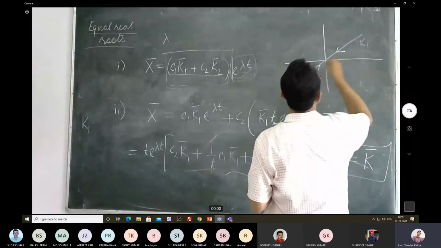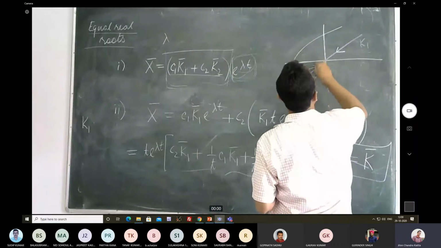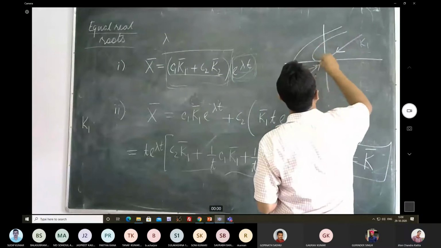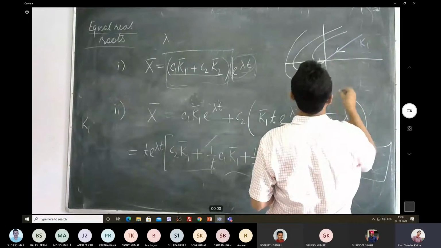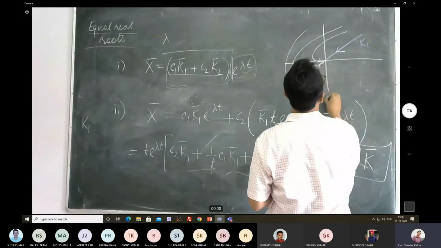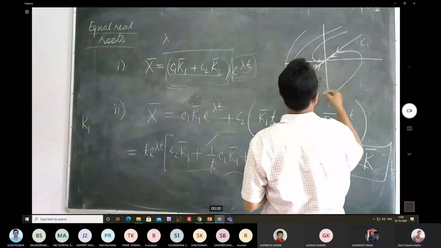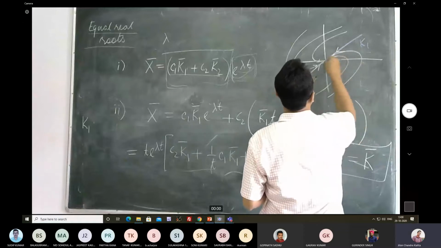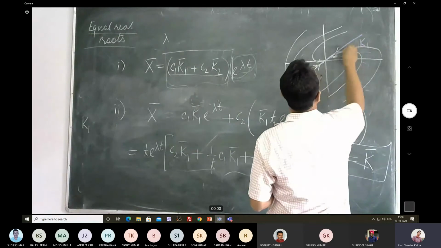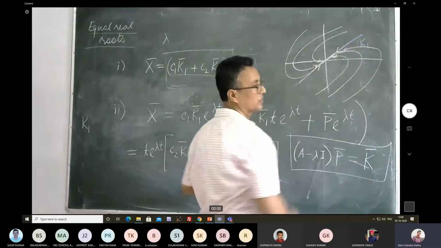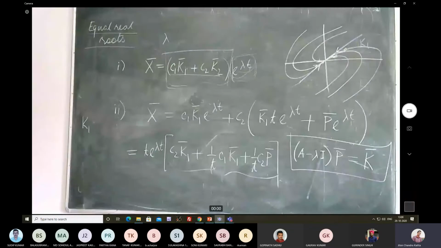All the other trajectories are going to be something like this. And similarly, it will be the opposite here. It is going to be something like this. Is it okay with everybody?